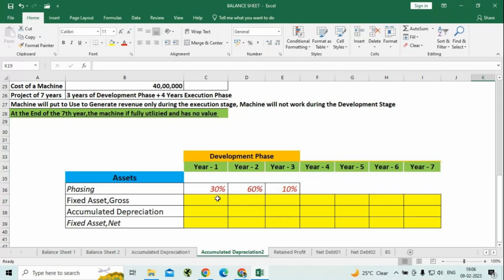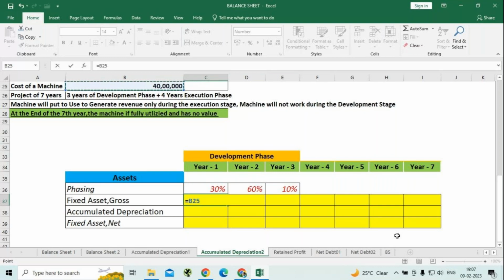So the value of the machine is 40 lakhs into 30%. The same thing I can also give instead of manually, so that it is going to be the same value for all the cells which I am going to drag.